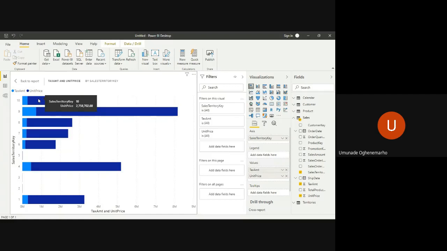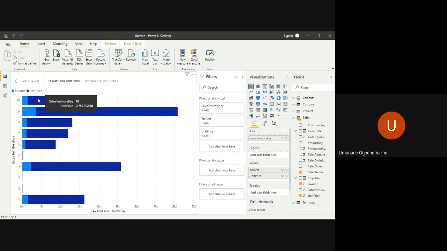Do you understand what I'm talking about here? So you can see we have tax amount and unit price. Those are two different data items that make up a single entity, which is sales. While sales territory key is another categorical value on its own. So now we're working with more than one category.